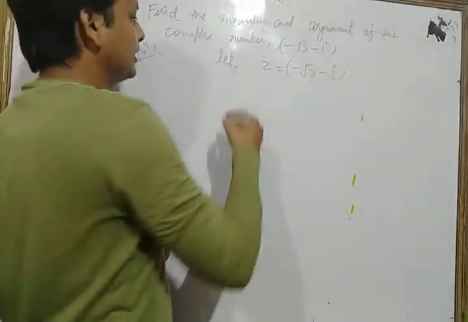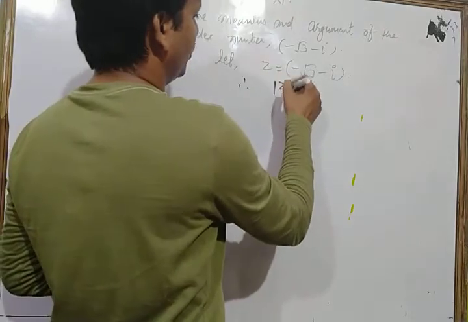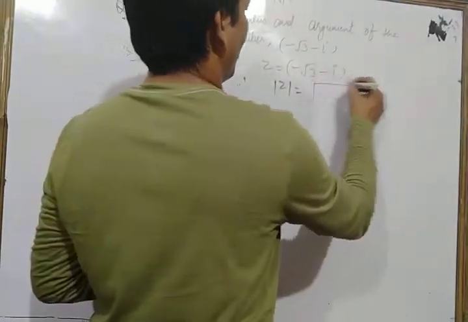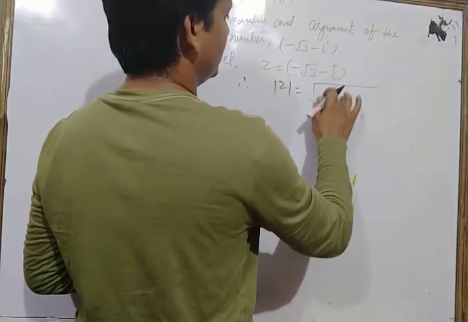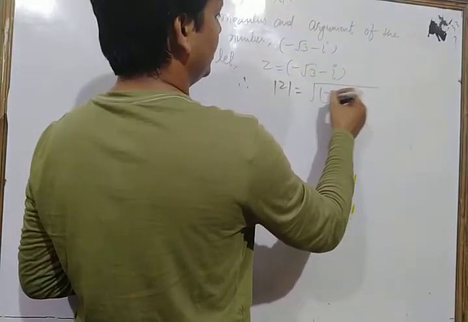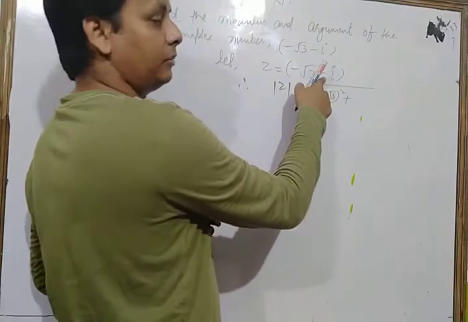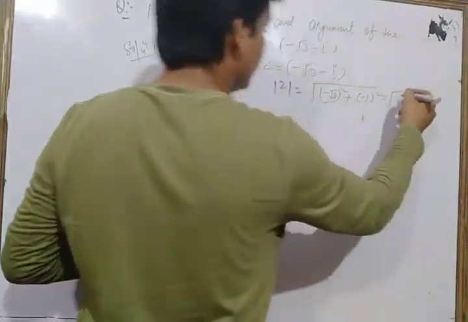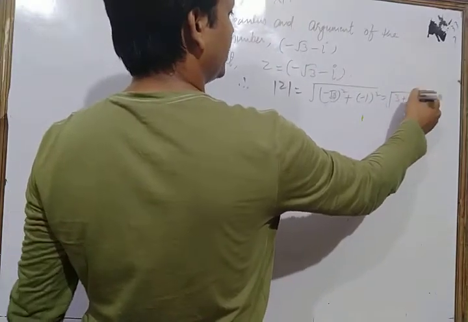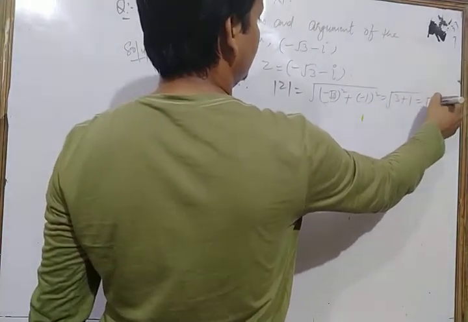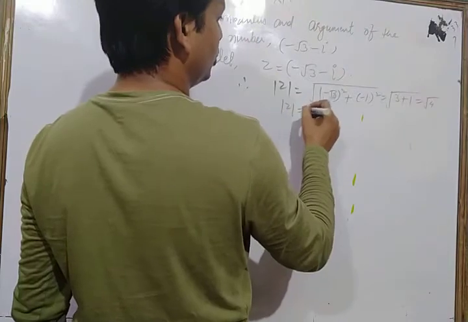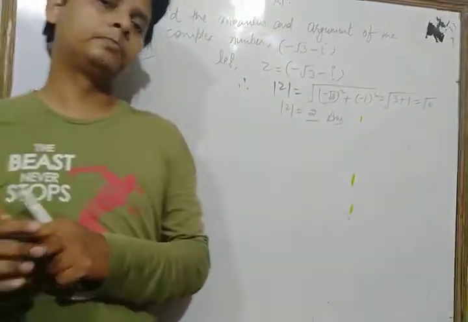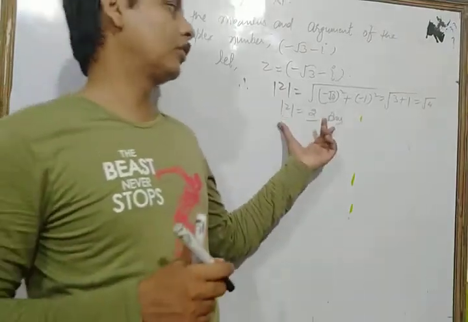Since the modulus of that complex number will be square root of minus root 3 squared, the real part, and the imaginary part is minus 1, so minus 1 squared. So we have 3 plus 1, that is 4. So mod of z is equal to 2. This is one answer. In this way we find the modulus of that complex number.